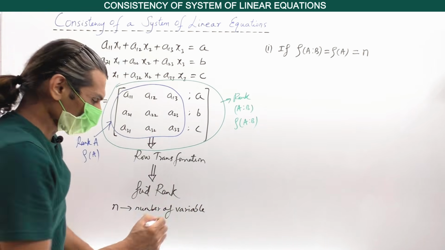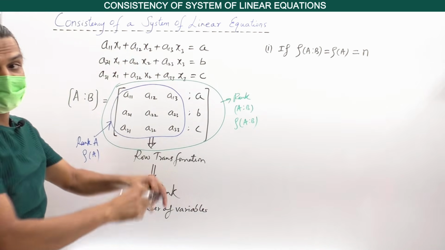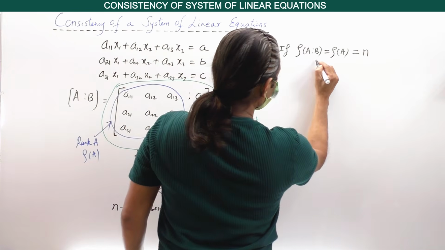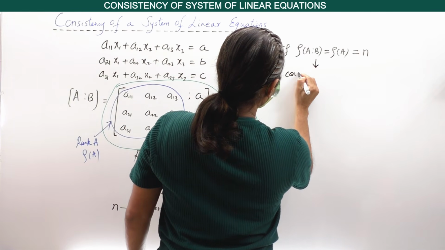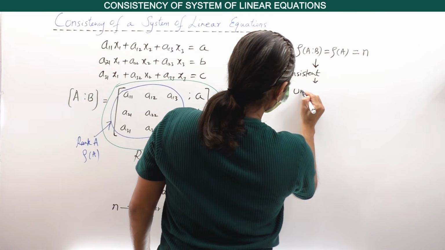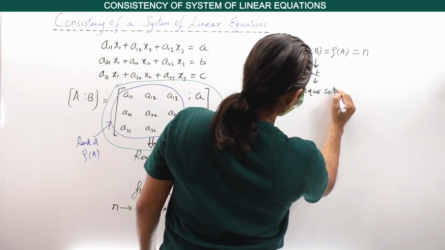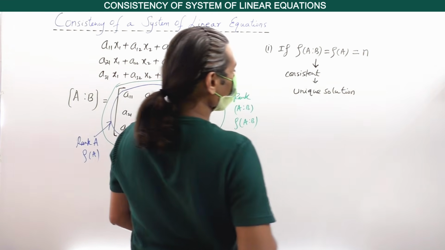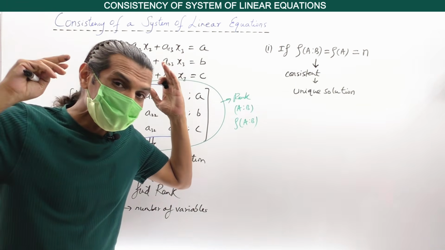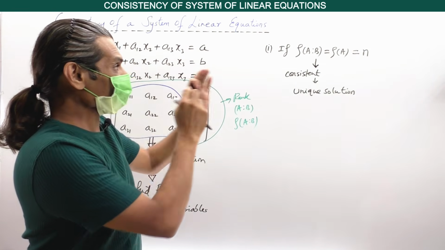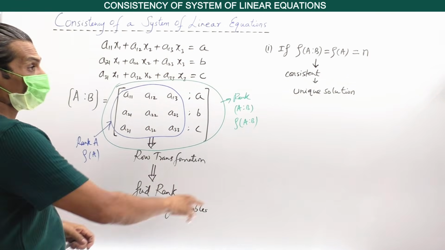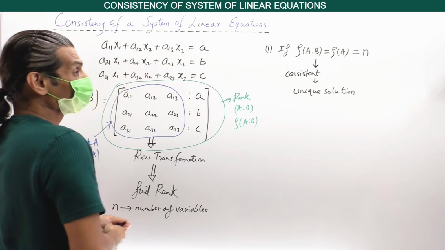It can be 3, 4, and so on. Here in this case, x1, x2, x3 or x, y, z, 3 variables, is equal to n. Then we say the system is consistent and has a unique solution. That means there is a solution for each of x1, x2, x3 or x, y, z, same as the Gauss elimination method. If it is consistent, then the solution is the same as Gauss elimination, no difference at all. So the system is consistent and has a unique solution.